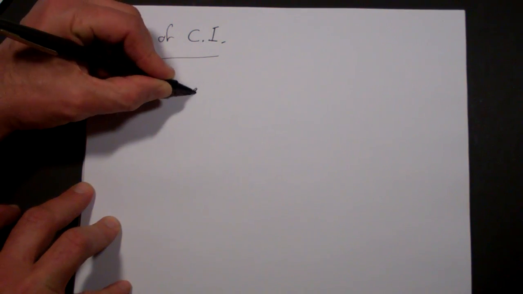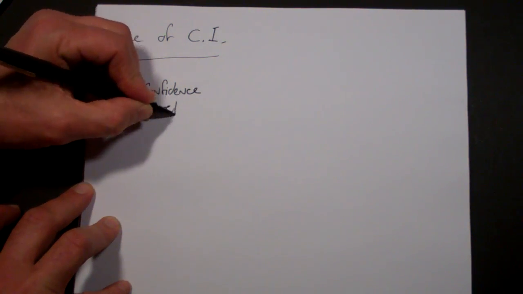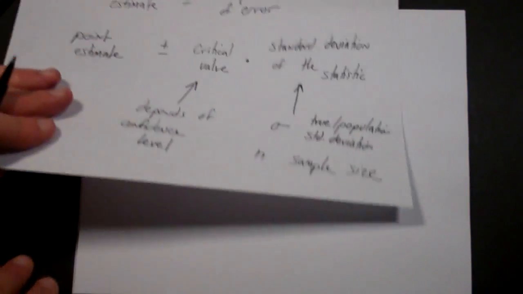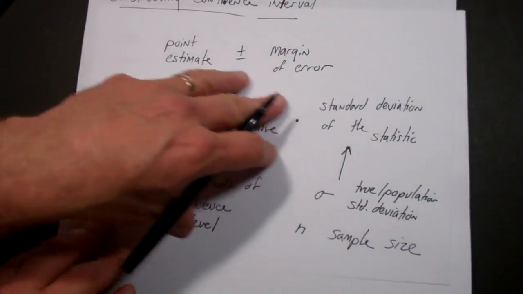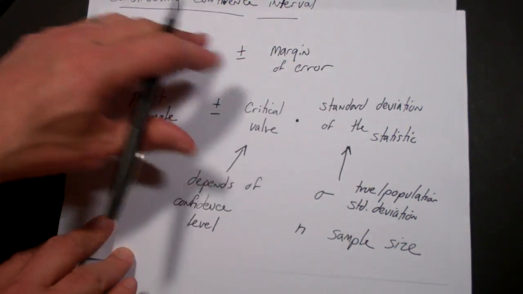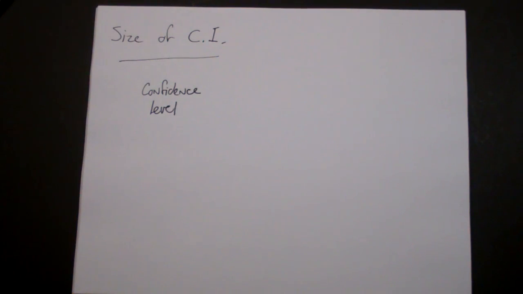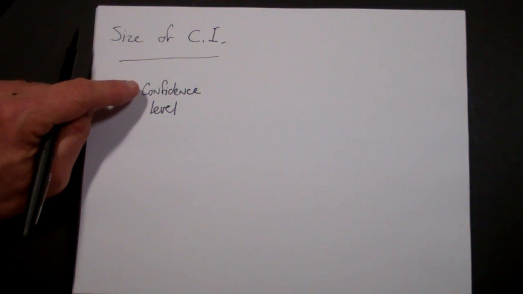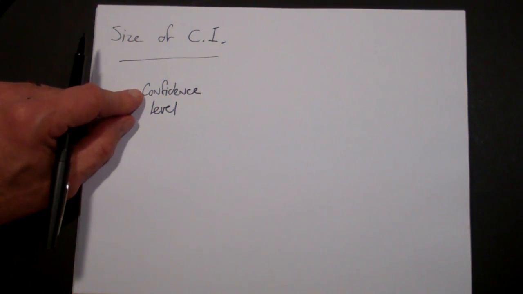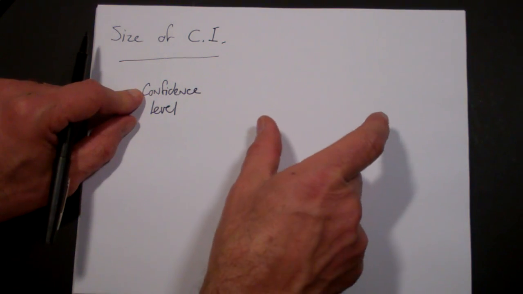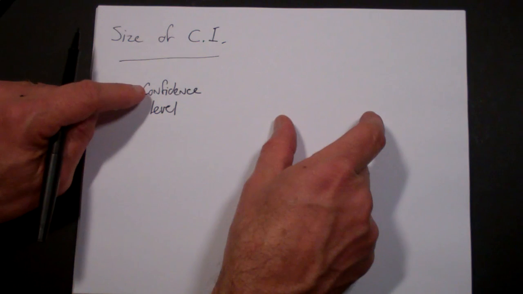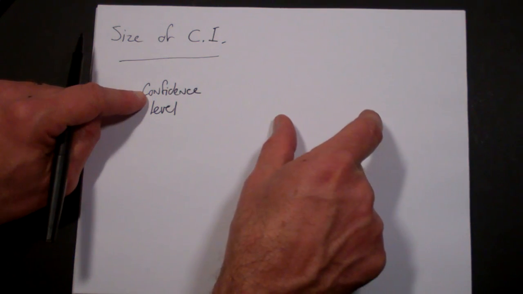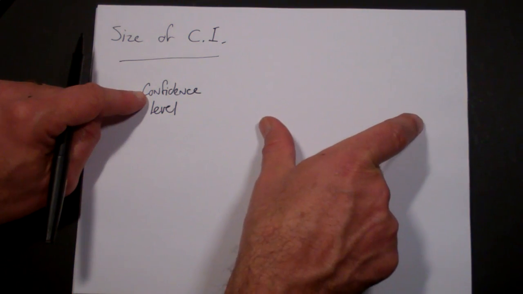What I want you to pay attention to here, and be really careful, is the numbers and the formulas, but also rely on your common sense here. That's going to serve you well. If you want to be 90% confident, you will want to have a fairly large confidence interval. But if you want to be 95% sure, you are going to make that confidence interval larger.